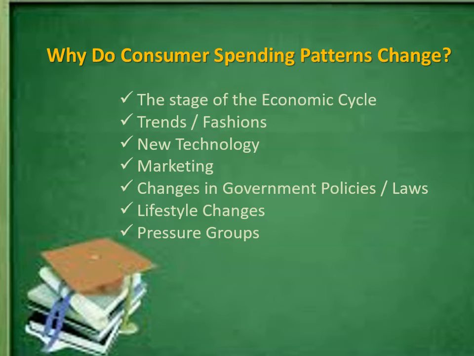Sometimes changes in the government policies and laws lead to changes in your demand requirements, changes in lifestyles, as we just discussed that during this smart lockdown period, we all know that our lifestyles have been impacted, our work styles have been impacted. Another factor is the pressure groups.